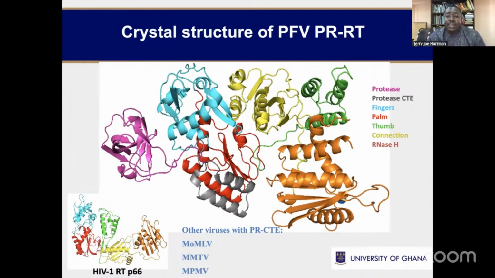But clearly, what it means is that you don't want to keep the enzyme hanging there with all the active groups in the right places. That may be tempting for it to begin reverse transcription or begin activity before its time is due. So in the absence of substrate, it remains in the inactive conformation, and then when the substrate is around, it triggers the conformational change.